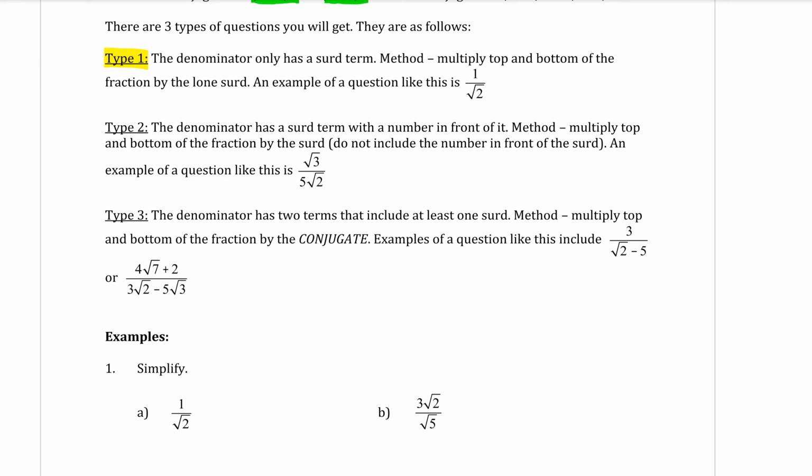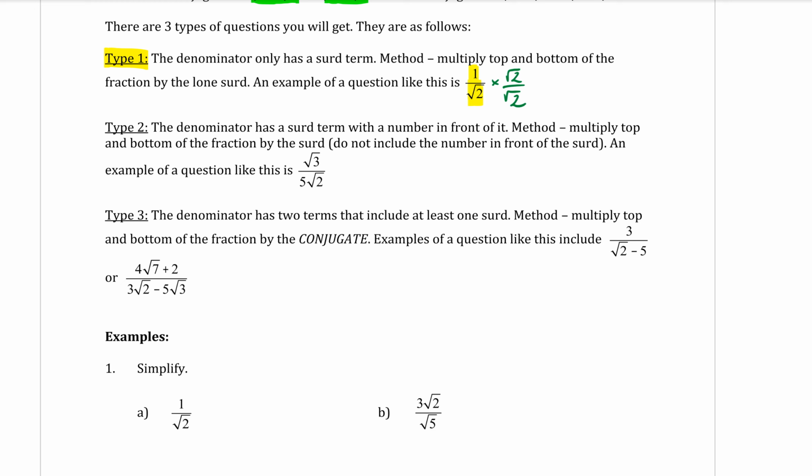So an example of this type of question is 1 over root 2. There's only that lone square root of 2 on the bottom, so I just need to multiply that by square root of 2 over square root of 2. Now, I'm not going to do the whole question here. I'm not going to multiply those together yet. It's just practice finding out what we're going to multiply by.